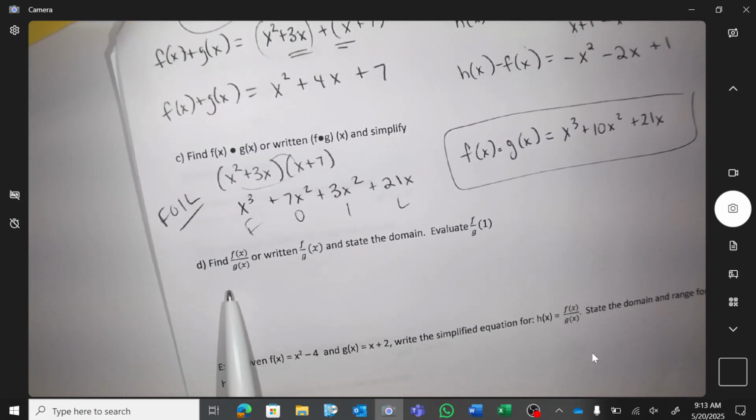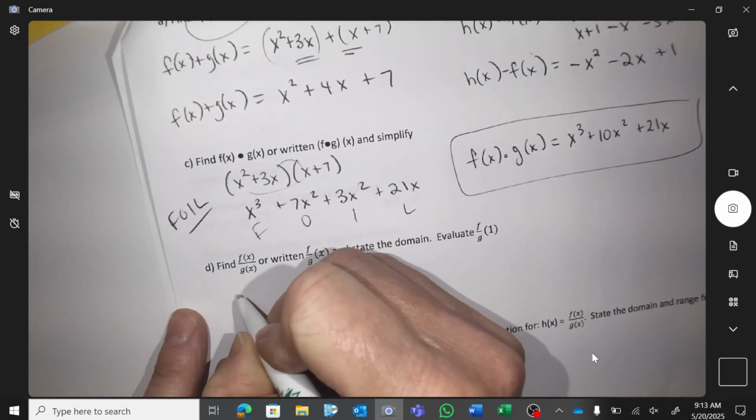Okay, D says to divide the f function by the g function.